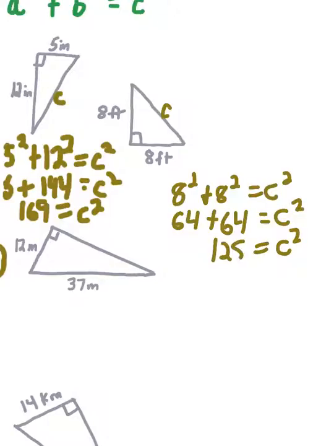Now this time 128 is not a perfect square, but I can get an approximation of that side length. So c equals the square root of 128. I know that's somewhere between the square root of 121, which is 11, and the square root of 144, which is 12.